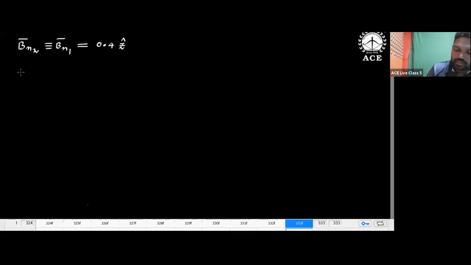Is there any direct? There is one more boundary condition. Ht1 minus Ht2 is equal to Js. It is that there is surface current is 0. Here Ht2 is equal to Ht1.